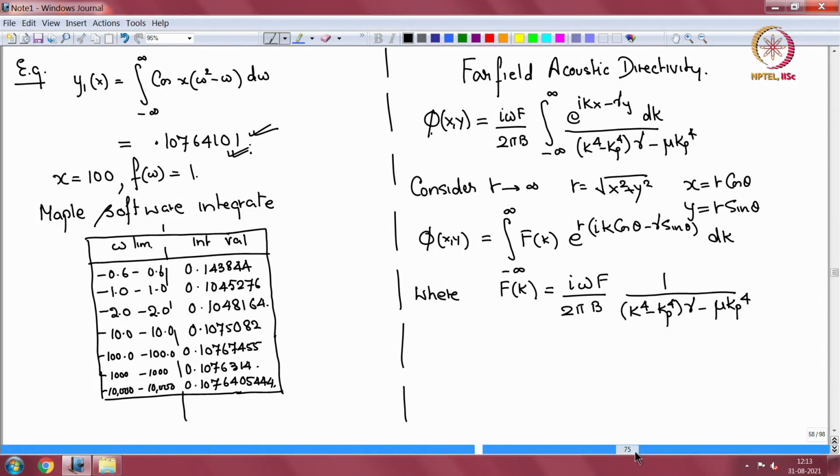Now we have seen that in the method of stationary phase, we have this function e to the power of a certain function of the form i x h of omega, as we saw last time. So that function for us here is h of k, which is given by k cos theta plus square root of k0 square minus k square times sin theta.